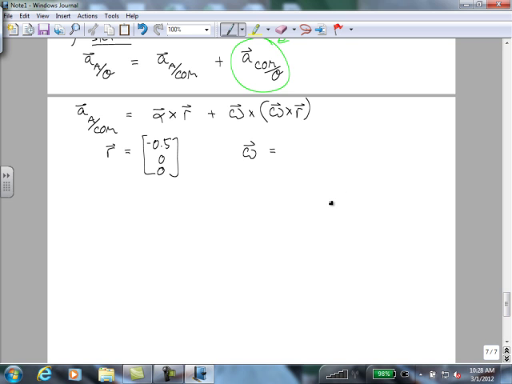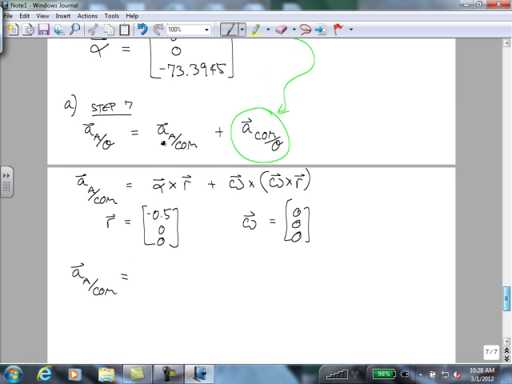So the acceleration of A relative to the center of mass is 0, 0, negative 73.39 crossed with 0, negative 0.500, 0, plus omega terms, which is crossing something with a 0 vector.